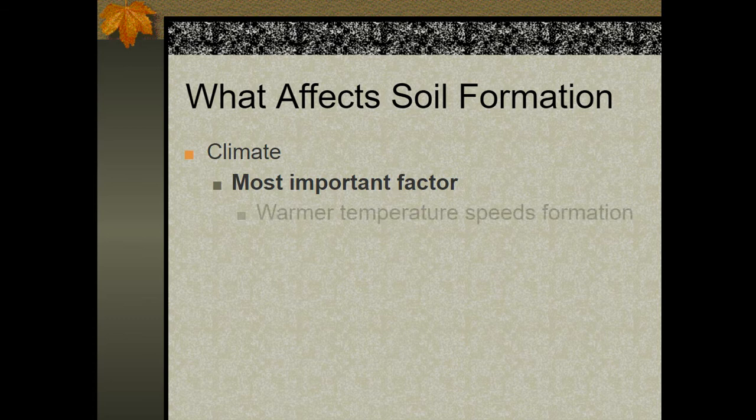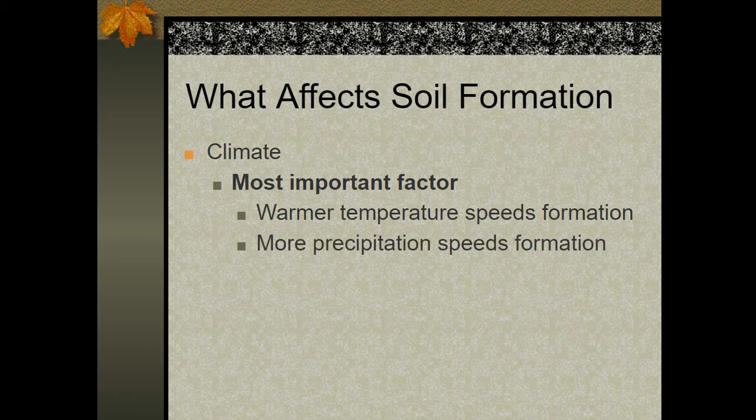Generally speaking, the warmer a location is, the faster soil will form, and the wetter, or the more precipitation an area gets, the faster soil will form. It's much easier in places where it's warm and it's wet for there to be movement, for there to be growth, for there to be all of these things that cause rock to break down into little pieces.